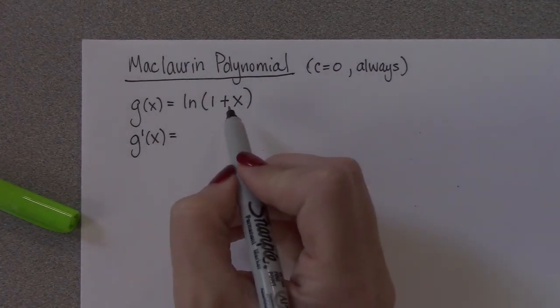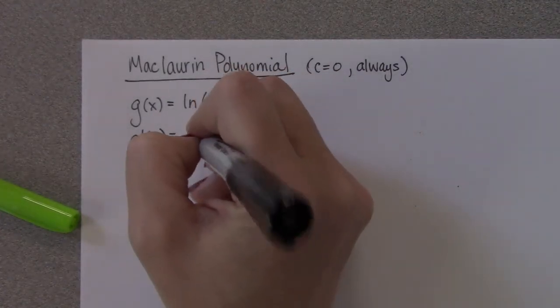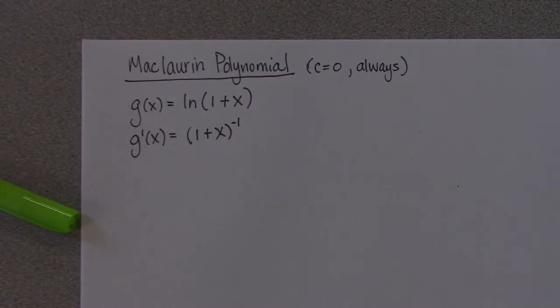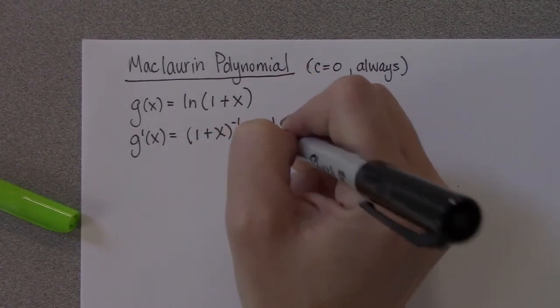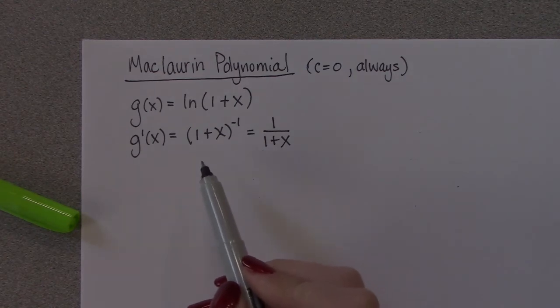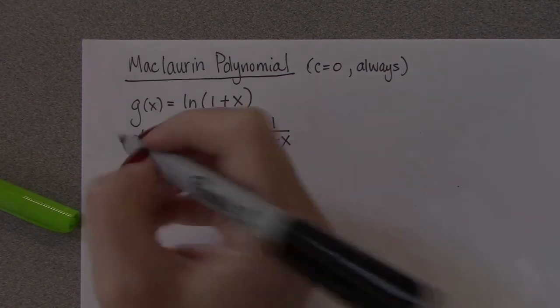The derivative of this is 1 over 1 plus x, but to make my derivatives easier, I'm going to write 1 over 1 plus x as 1 plus x to the negative 1. So really, this is this, but I just want to be able to use the power rule here. And not only is it a power rule, it's technically a chain rule, but what's the derivative of the inside of that function? 1. So this will be pretty easy to do, right?